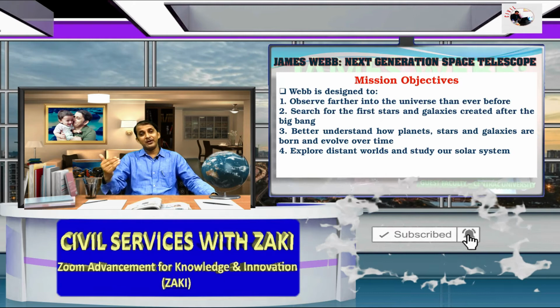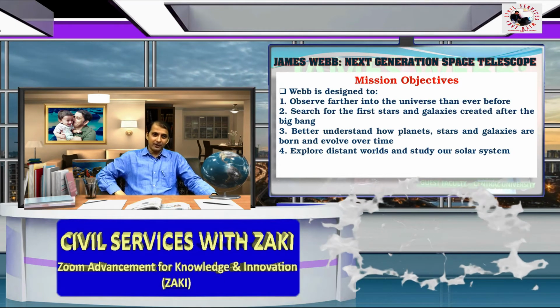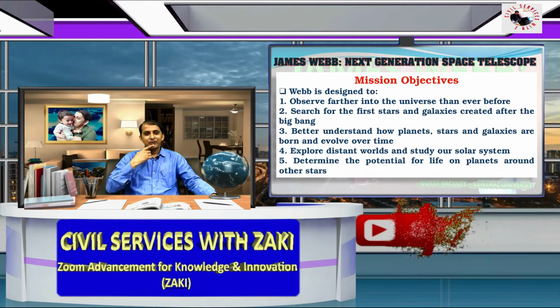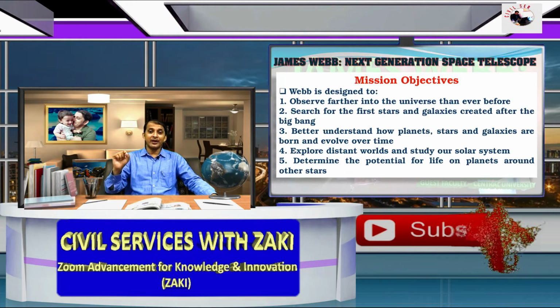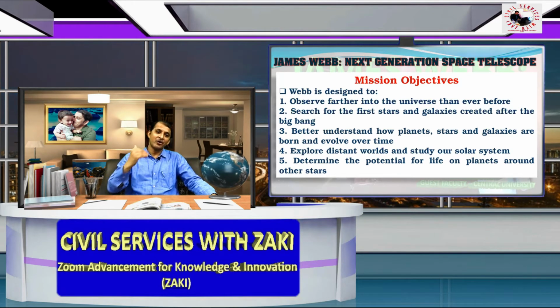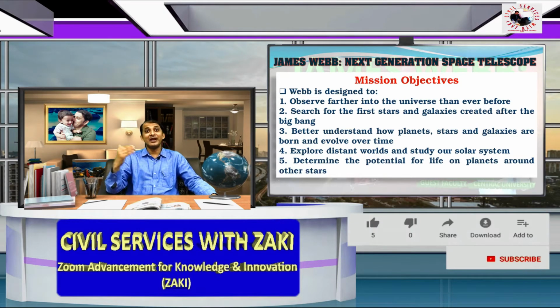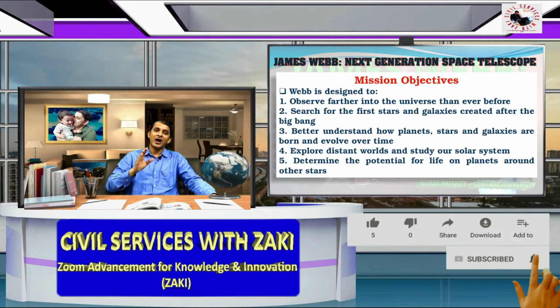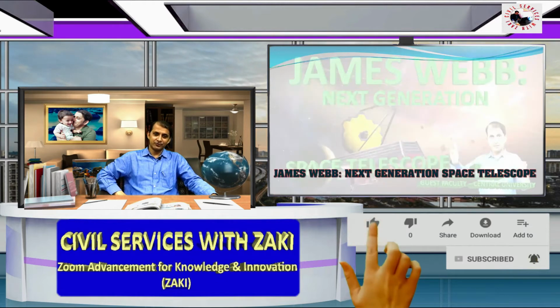So maybe James Webb will detect this Planet 9. And the fifth is to determine the potential for life on planets around other stars, meaning exoplanets. It means it is also made for the search for alien life. Those are the five objectives of the James Webb Telescope mission.